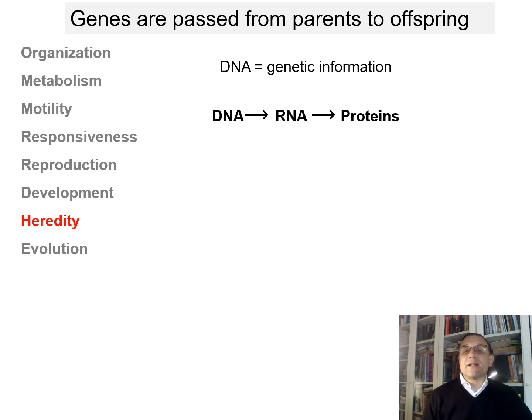Heredity is the passing of genetic information from one generation to the next through reproduction. Genetic information is stored in the DNA molecule. By the RNA molecule, it is passed to the machinery for making proteins.